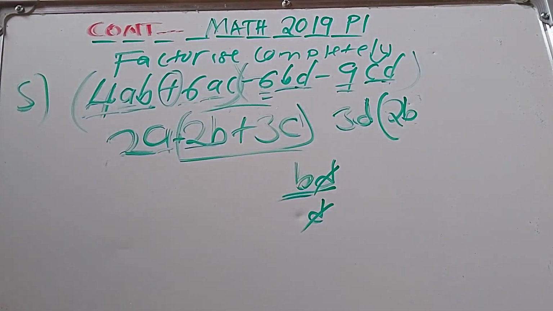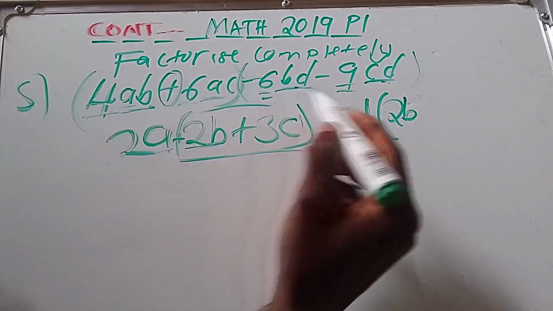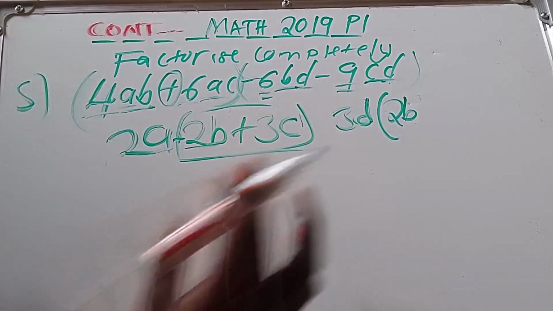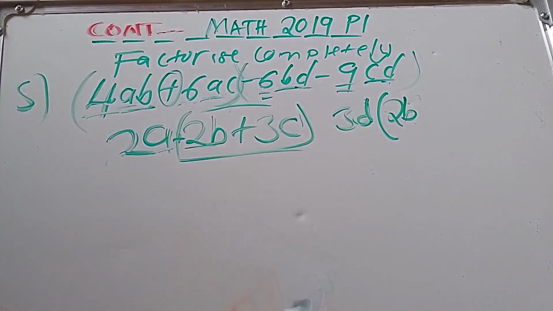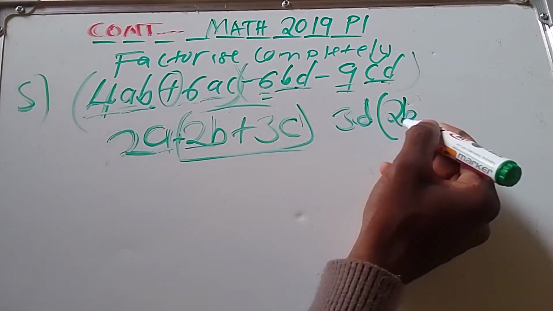Have you seen? So now, I want you to understand something. For you to write a sign here, I told you that you need to wait. You need to consider both sides, then you write a sign which is appropriate. So what we are going to do is say 3d times 2b.